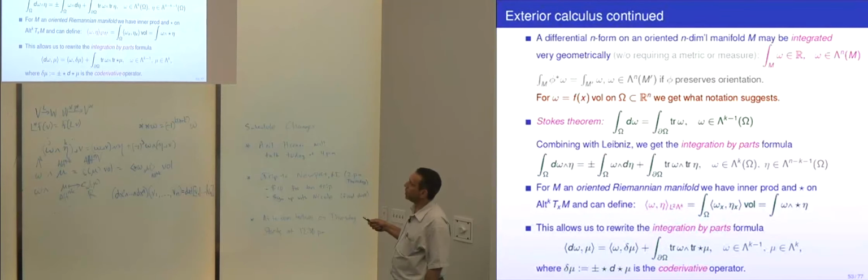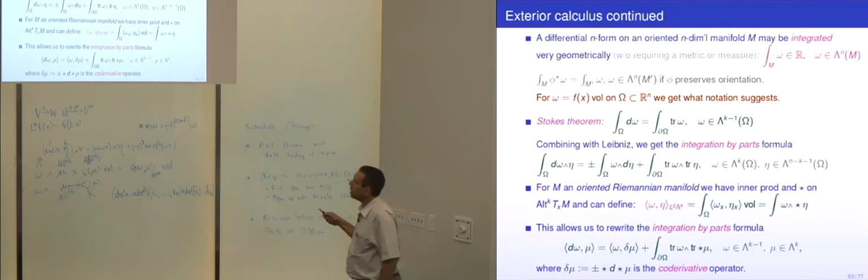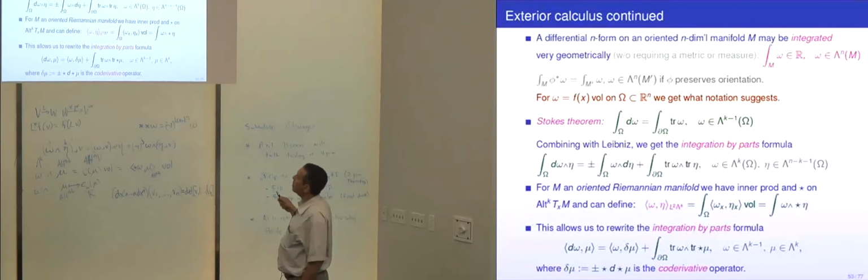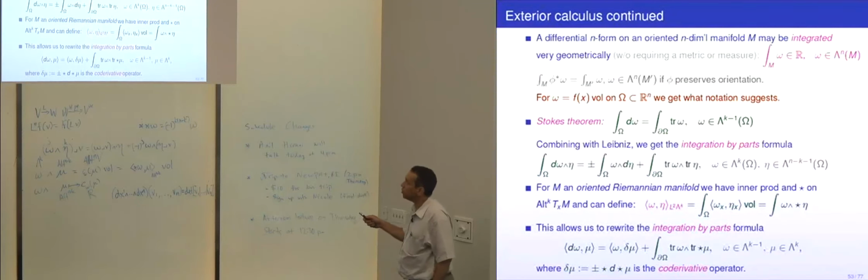But d of omega wedge eta is d omega wedge eta plus or minus omega wedge d eta, so we get this integration by parts formula directly from Stokes' theorem. If omega is a k form and eta is an n minus k minus 1 form, d omega wedge eta is an n form, we can integrate it. Omega wedge d eta is an n form, we can integrate it, and you get the same answer plus a boundary term, which is the integral of wedge products of the traces, which is an n minus 1 form, so we can integrate it on the boundary.